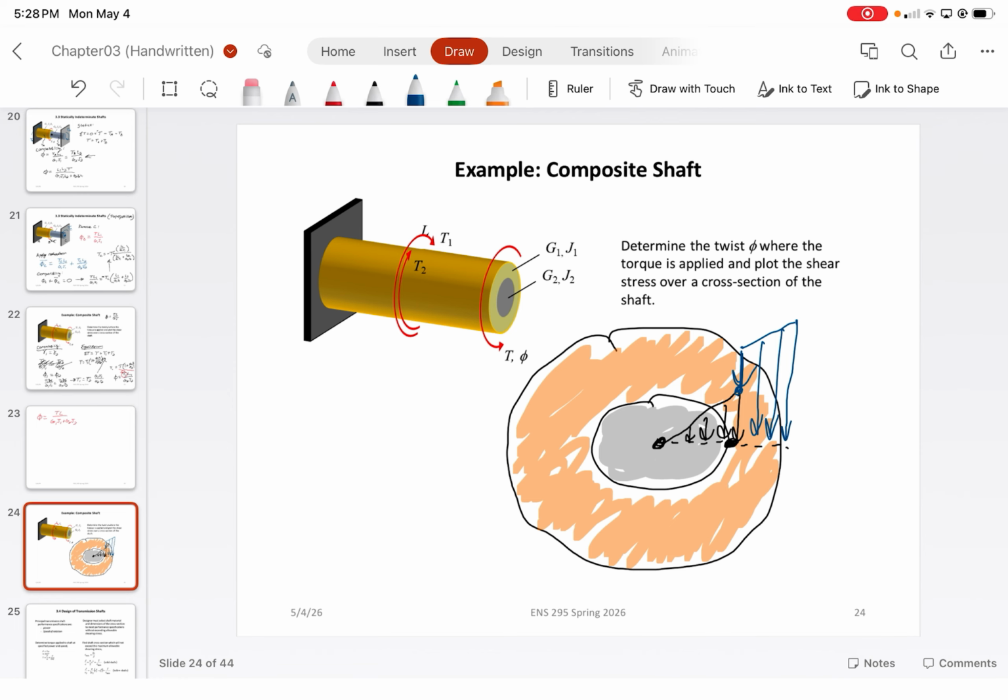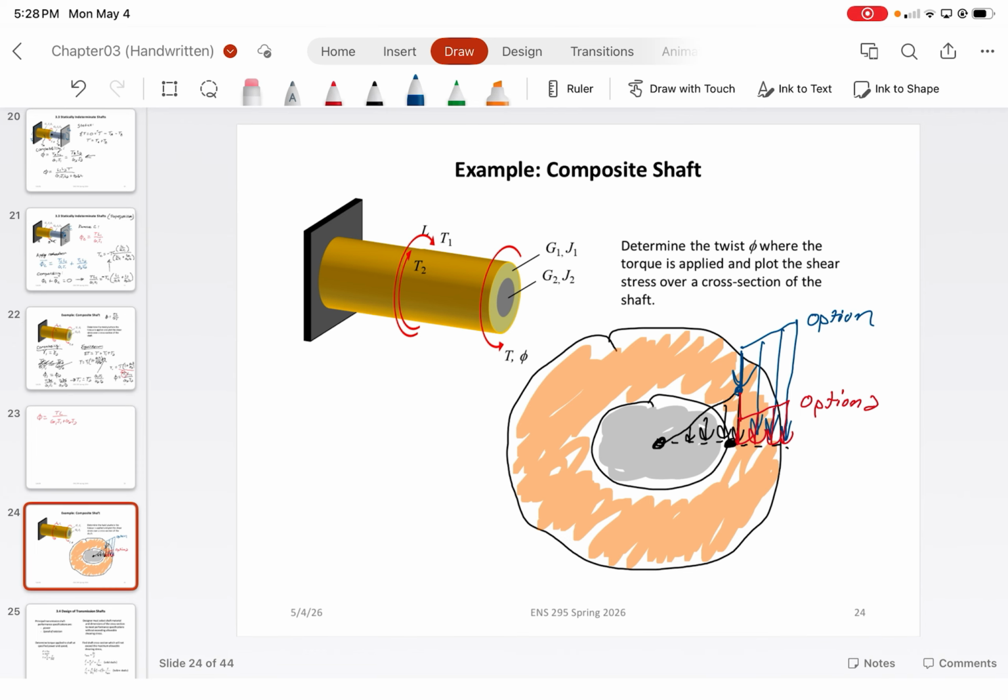That's one option, because now you're changing interface, so the stresses will increase accordingly. Or if you have a less stiff material, what you could have then is a drop and then it still increases linearly as it goes outwards. So that's option 2, and this would be option 1.